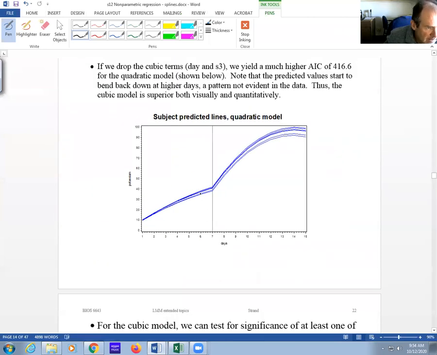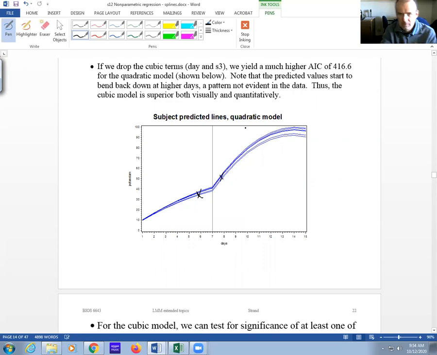So at day 6, what's the daily increase around that point? It looks like about 4. That looks about right there. And then at day 8, we're looking at a point here, and then we're looking at a point here, and so the rate of increase would be the slope there, and it looks like 16.